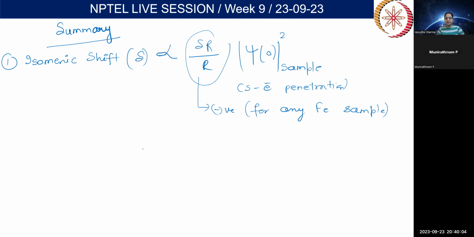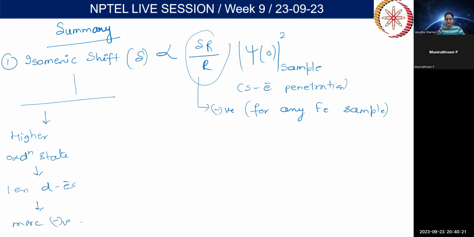For the s electron penetration, there are two cases. A higher oxidation state has fewer d electrons, therefore a more negative delta.